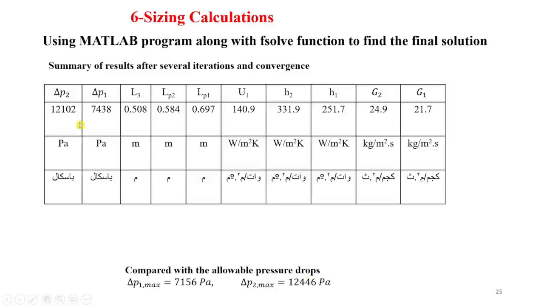The same thing for side 2, the pressure drop is 12,446 compared to 12,102. Of course, this one is higher, but you can change the tolerance between the two, and then proceed with your calculation to end up with whatever you like.